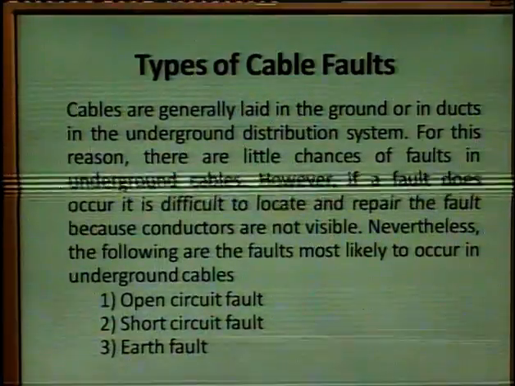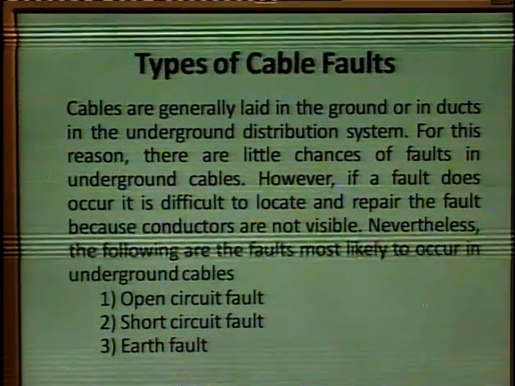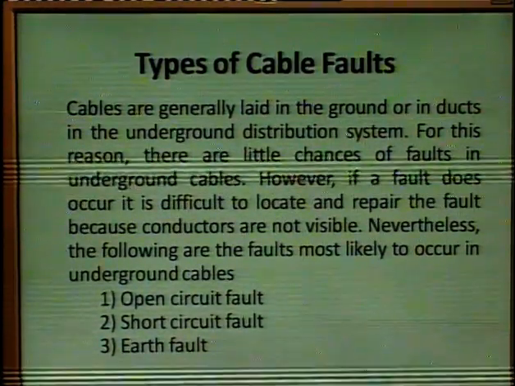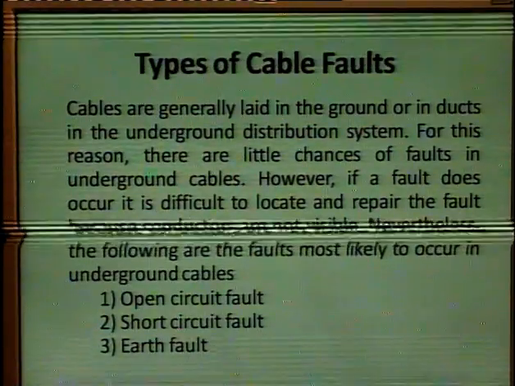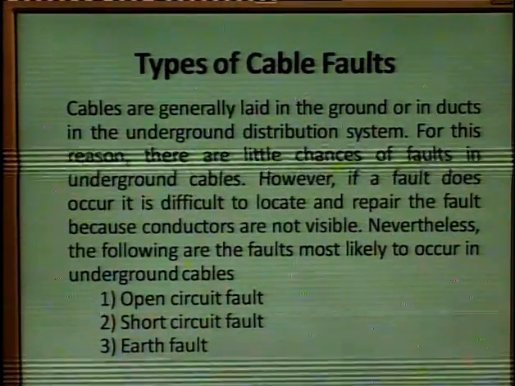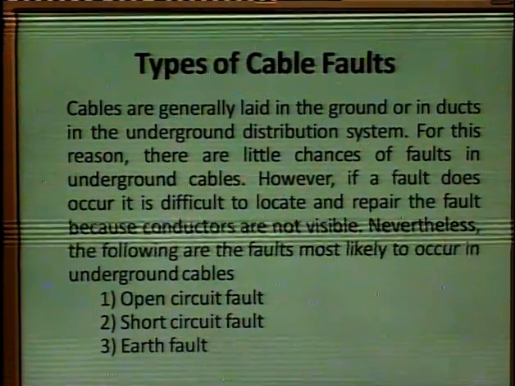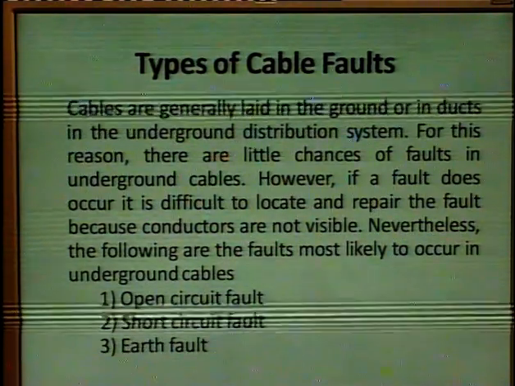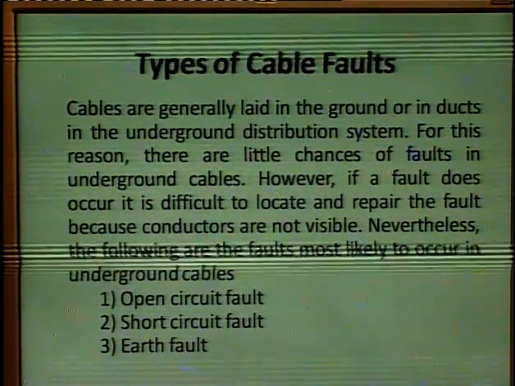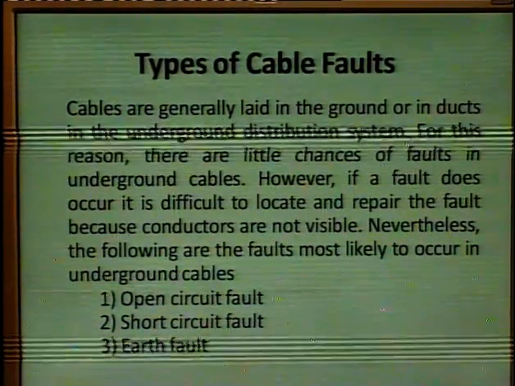Now we have the types of cable faults. The cables are generally laid in the ground or in the ducts in the underground distribution system. For this reason, there are little chances of faults in the underground cables, but if a fault does occur, it is difficult to locate and repair because the conductors are not visible.